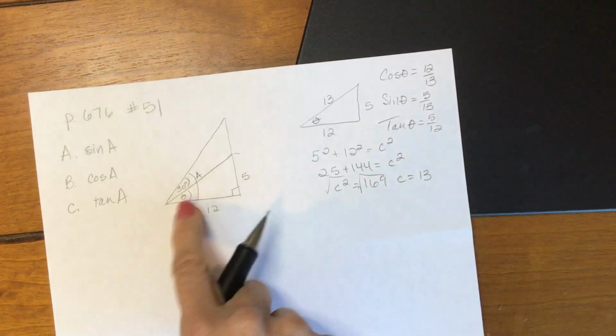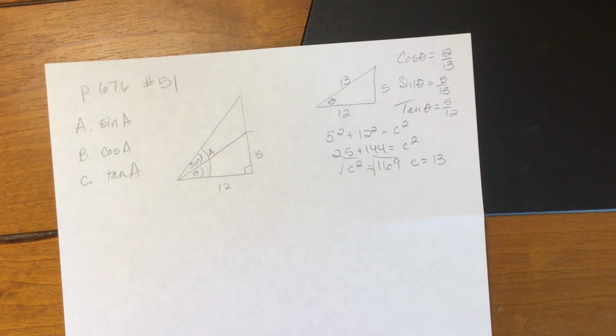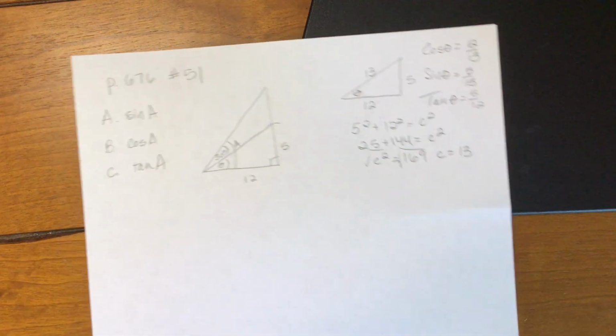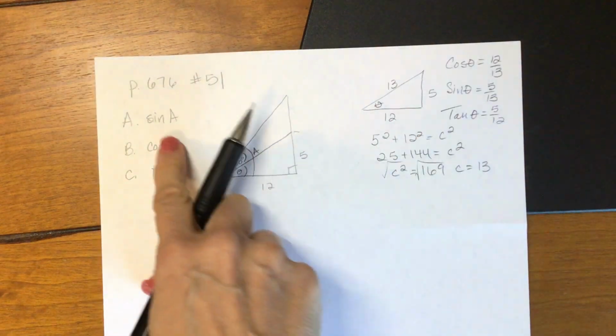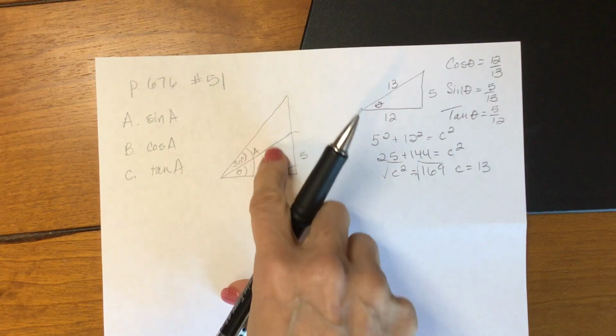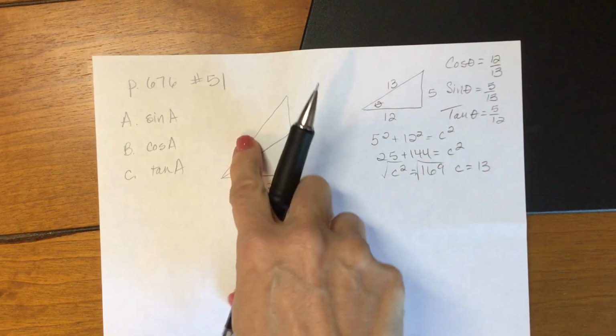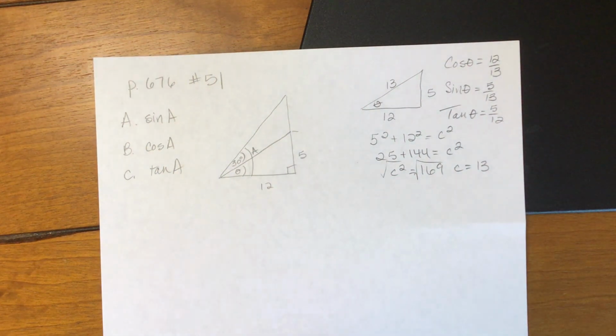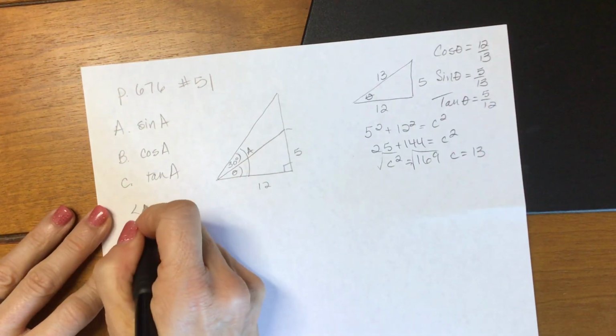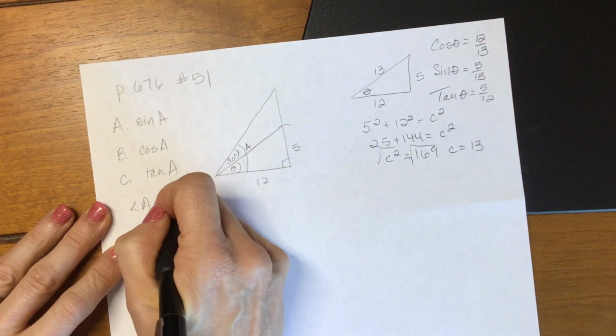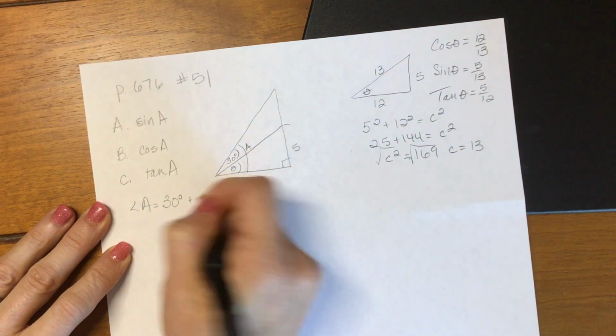All of that we get from the smaller triangle within the outside. So here's what we know. Here's what we want. We want sine, cosine, and tangent of this bigger angle A. And we can say that angle A is really 30 degrees plus theta.